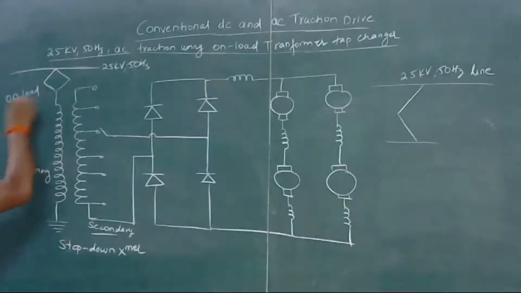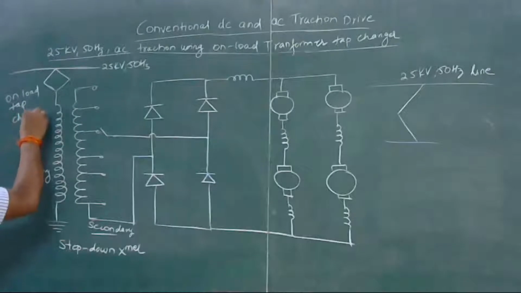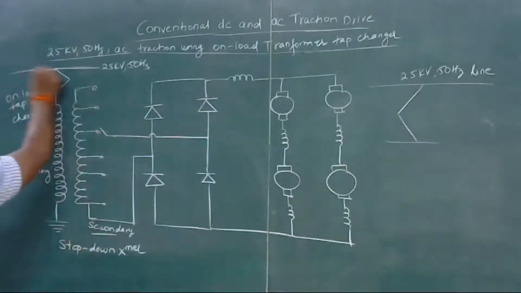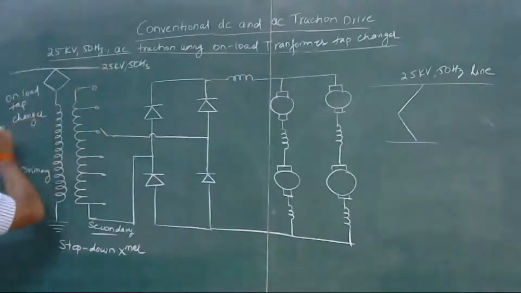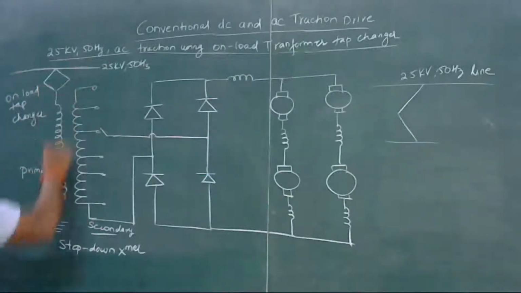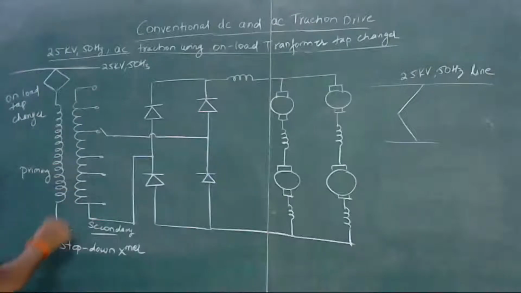We obtain power from this overhead line, which is running above the railway tracks, and ground is provided by using one of the wheels of the train.